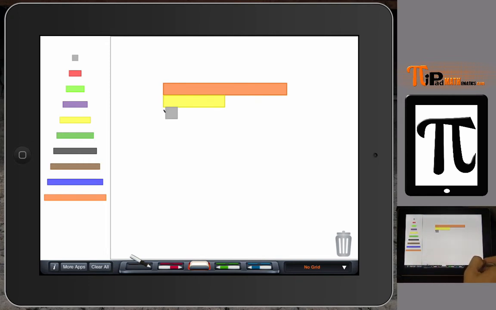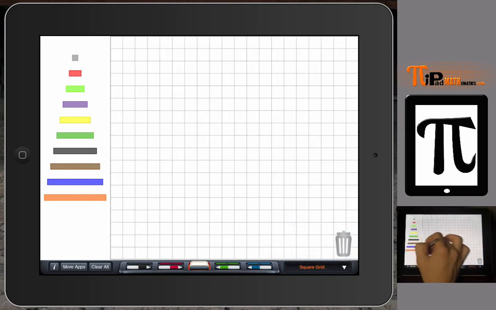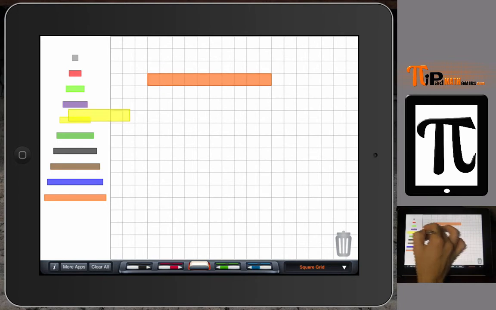Let me go to our grid. It's going to show this a lot better. Take my pen off, go to the square grid, and we can see that our orange is our whole. So the yellow is going to equal 1/2, but it also equals 5/10.